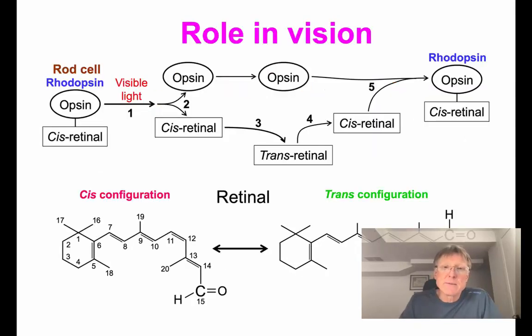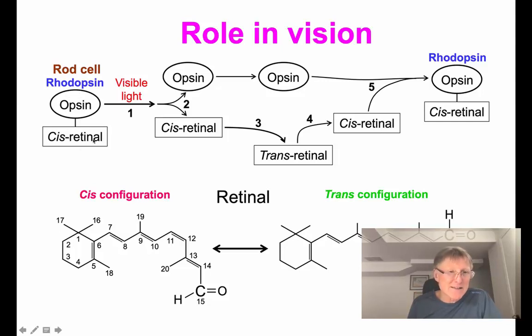I mentioned in the beginning that vitamin A is important for vision. But what is its role in vision? If we start this diagram from the left side, what we see is a rod cell, and it contains rhodopsin, which is made up of a molecule called opsin and also cis-retinal.